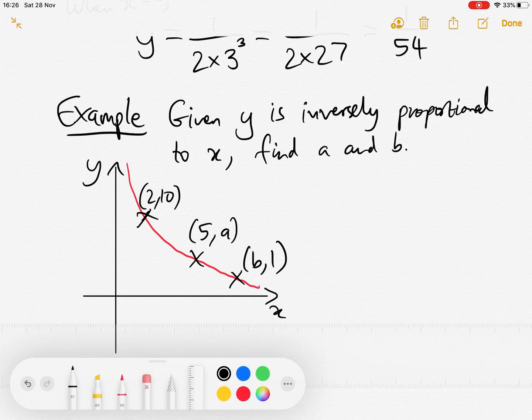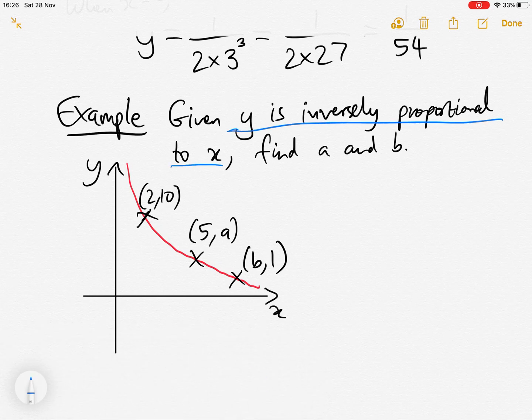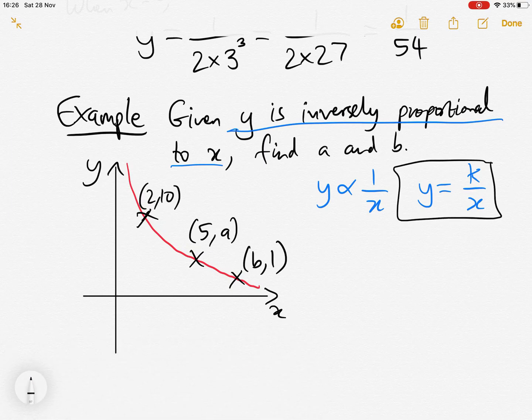So the key piece of information that's going to be really helpful is that y is inversely proportional to x. So let's record what it means for y to be inversely proportional to x. It means that y is equal to k over x. So step 1 is always to write down, in terms of k, a formula for y in terms of x, where k is this unknown number that we have to find.